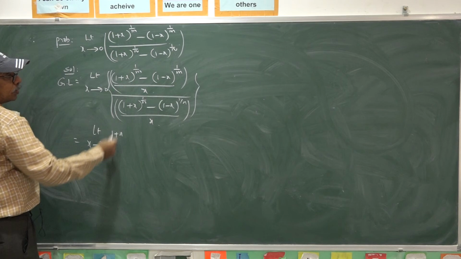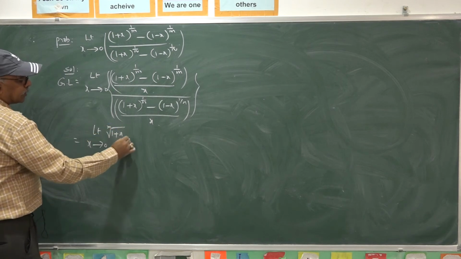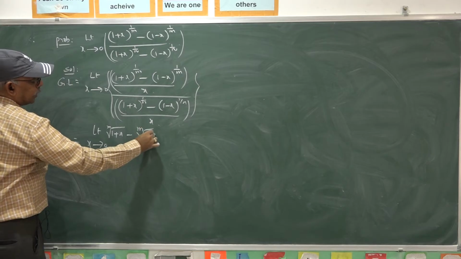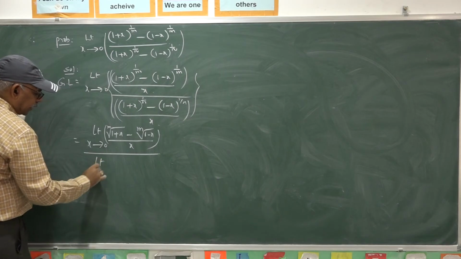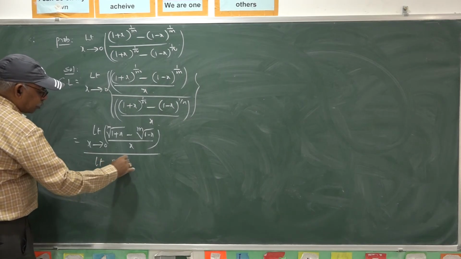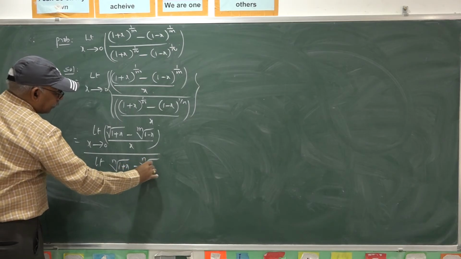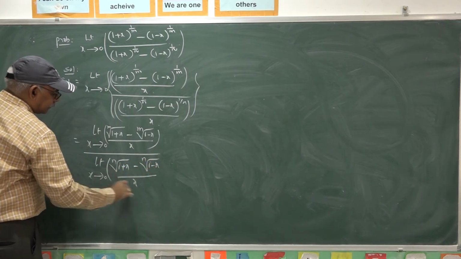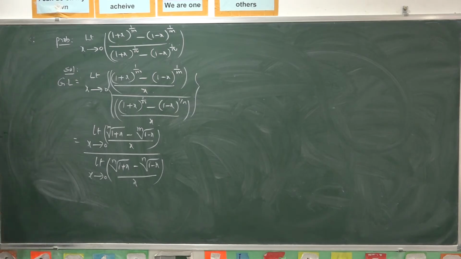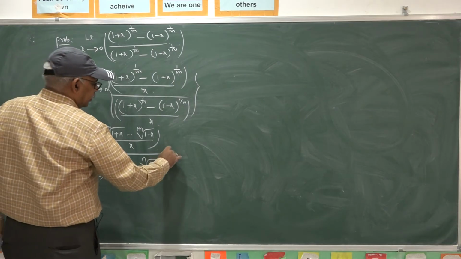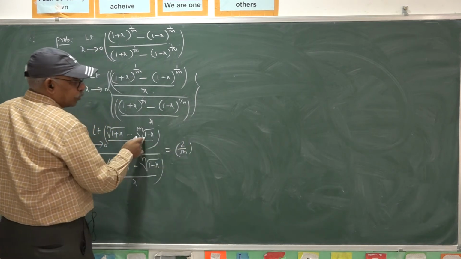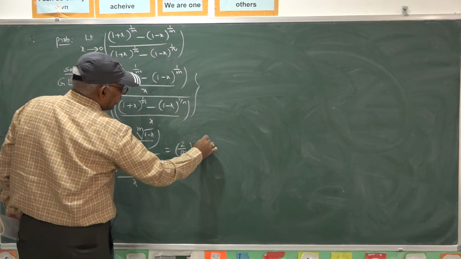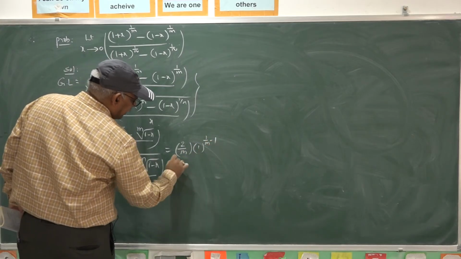This is (1 plus x) whole power 1 by m, that is mth root of 1 plus x minus, similarly, mth root of 1 minus x by x, our numerator. By applying the limit to the denominator, we get nth root of 1 plus x minus nth root of 1 minus x by x itself. So, both come under the previous formula. Clearly this is 2 by m, because a equal to 1, 1 power 1 by m minus 1, the value is 1.